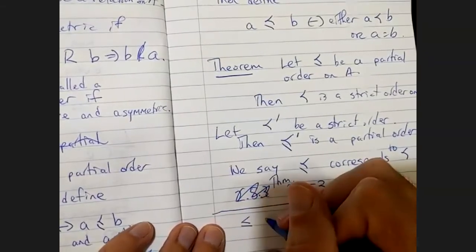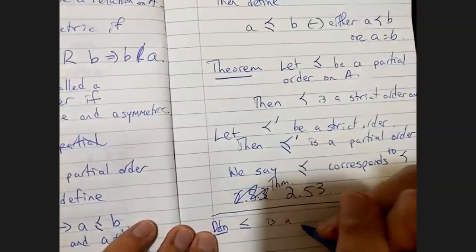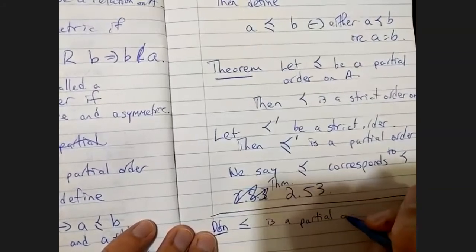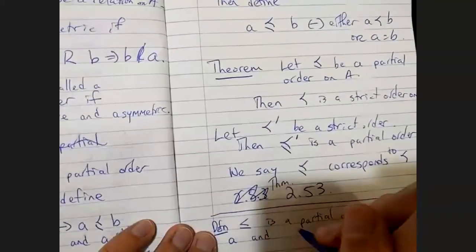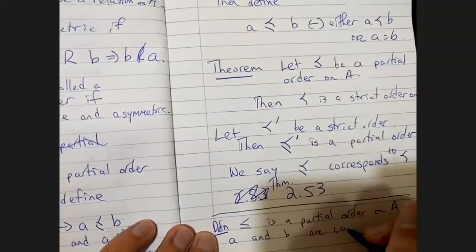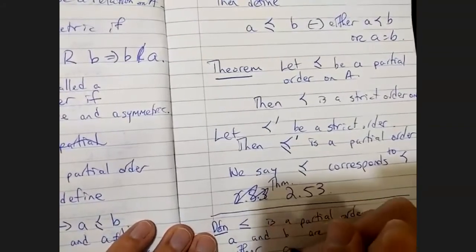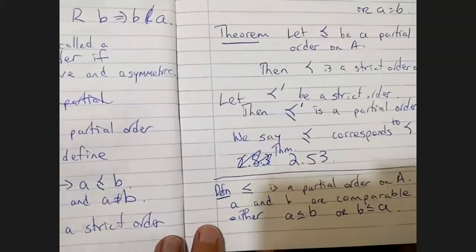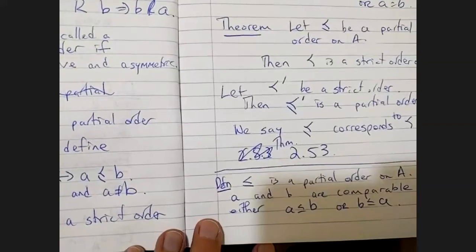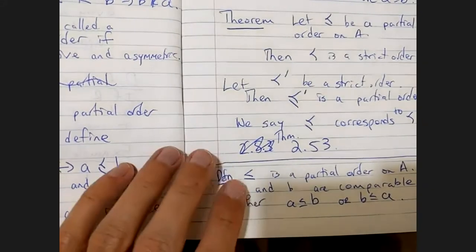So we have a definition. Let's take a partial order less than or equal to on A. Then A and B are comparable if either A is less than or equal to B or B is less than or equal to A. Having a partial order where any two elements are comparable is quite special.